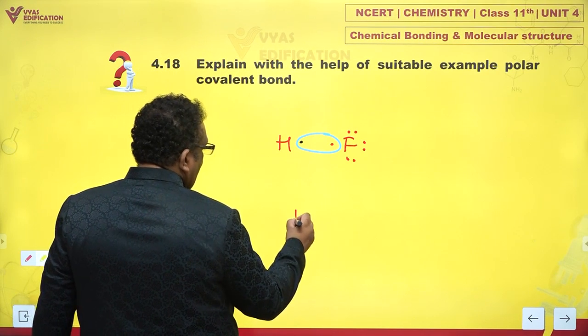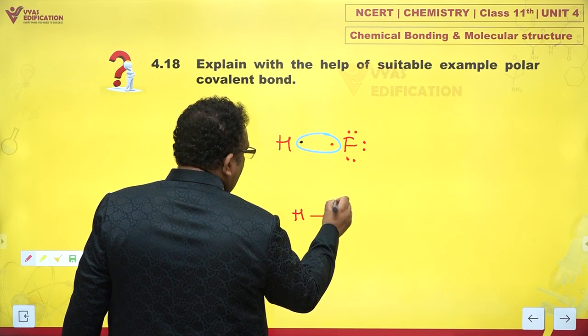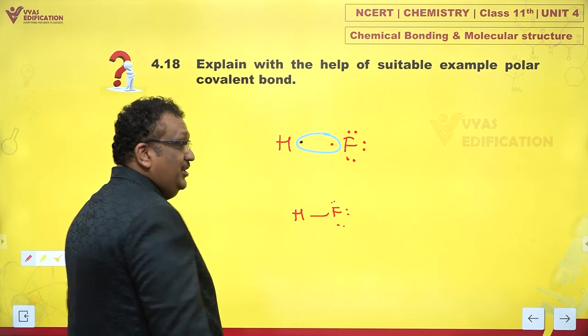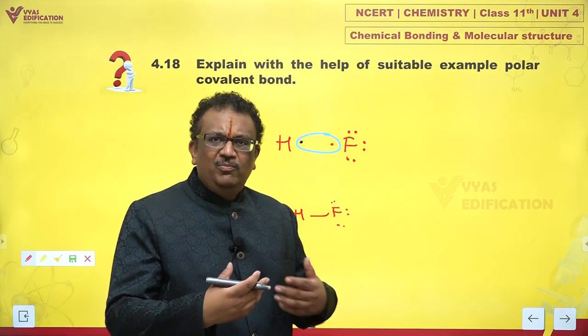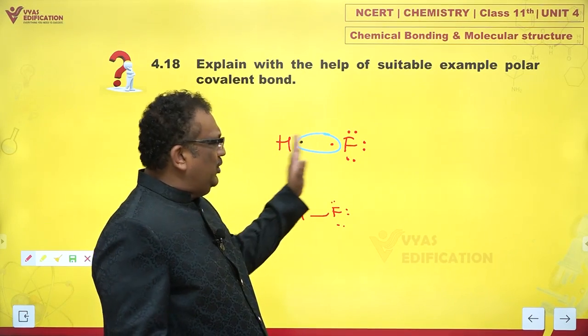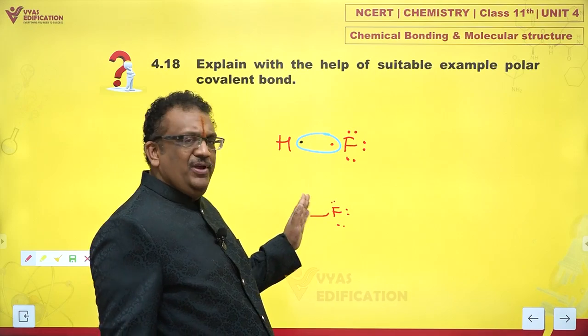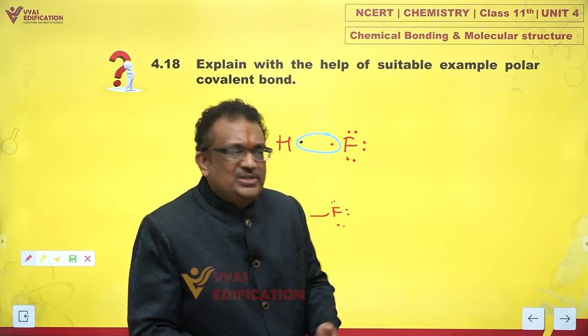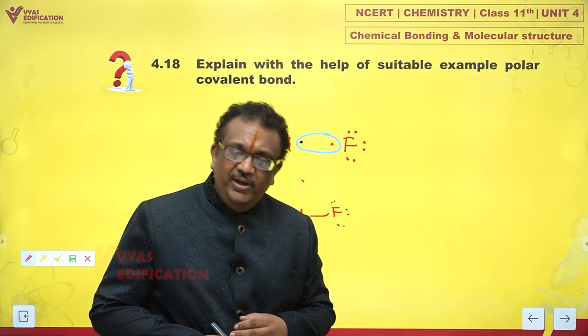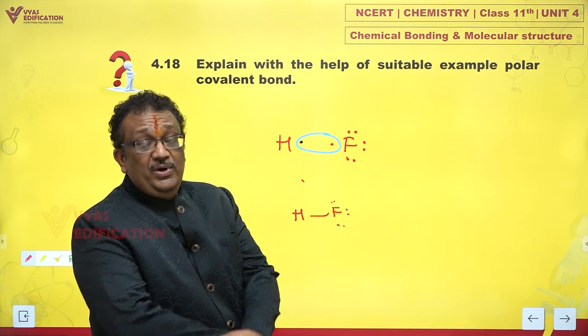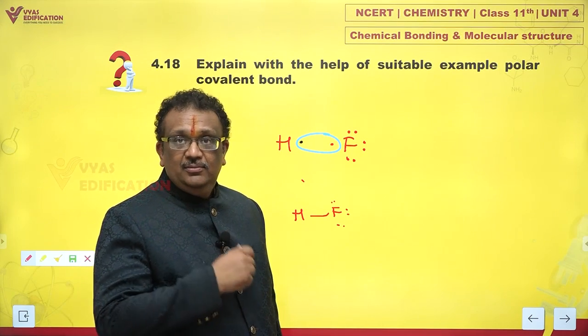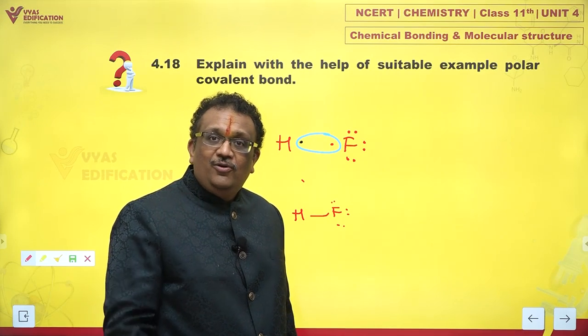Actually, there's a problem. What? Fluorine gets greedy. Initially it might have been 50-50 sharing. Fine, we'll share electrons, we'll put them in between so that I can also enjoy electron presence and you can also enjoy electron presence. Great. But the moment sharing happens, fluorine says, nah, I'm a gunda, I'm going to take more electrons.